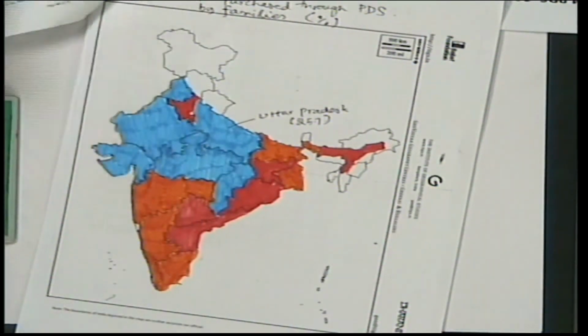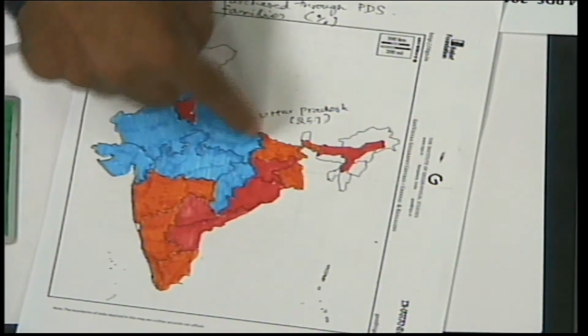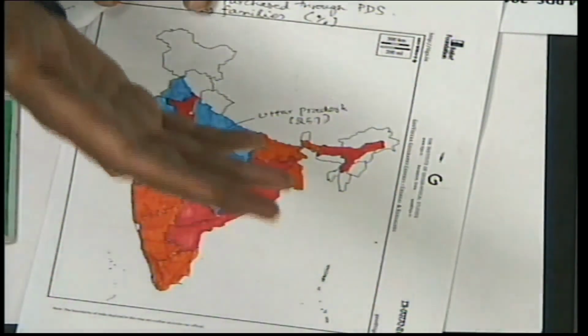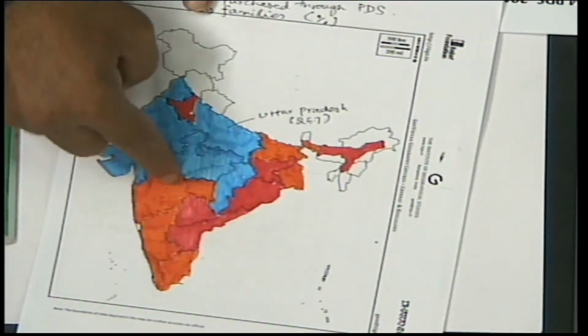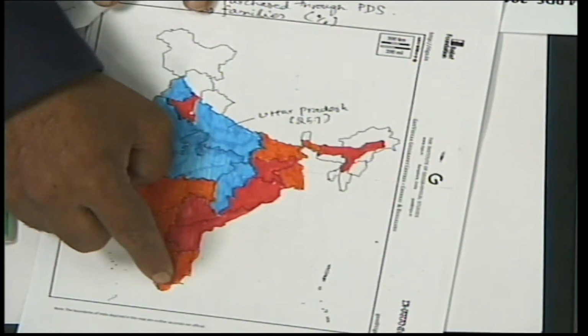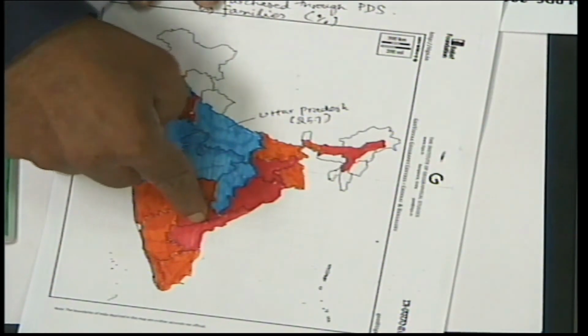The lowest is the blue. The blue shows the areas where people do not buy mainly from PDS. And the orange is between 41 and 75%.